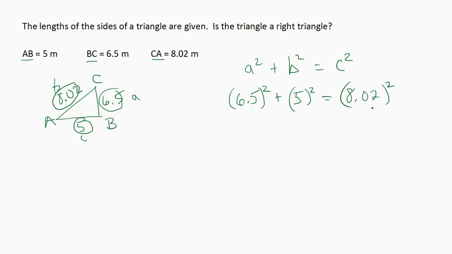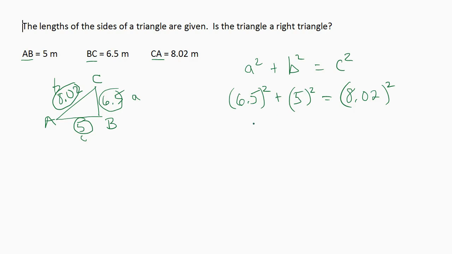Now, it looks like we're almost done, because there are no variables left to solve for. But what we're really testing is whether it's a right triangle or not. Let's figure out what each side ends up equaling as one number. If they're equal to each other, then this equation holds true and it is a right triangle. If they aren't equal to each other, then the equation doesn't hold true and it can't be a right triangle.